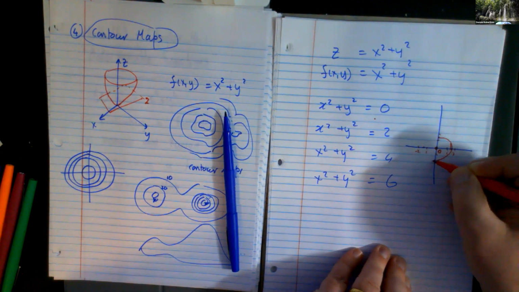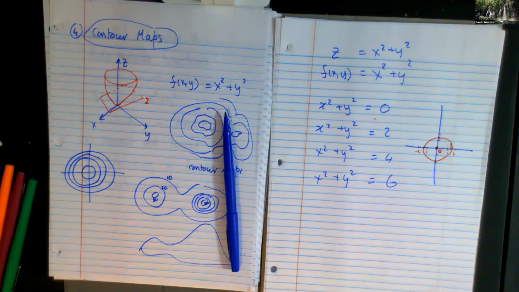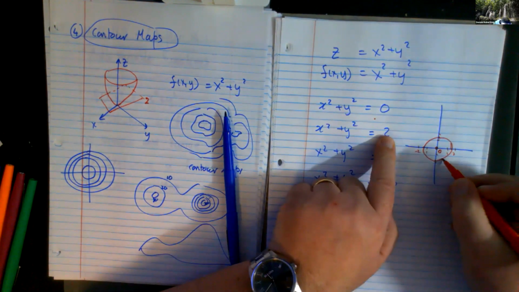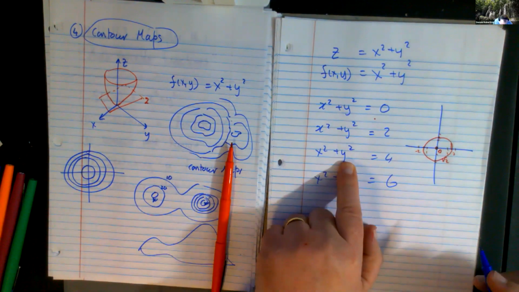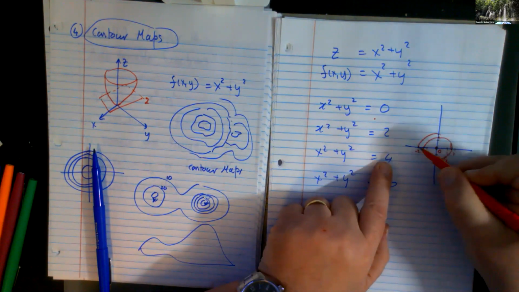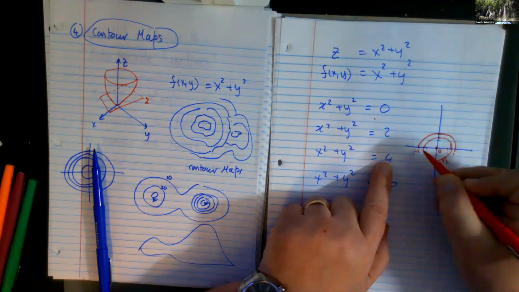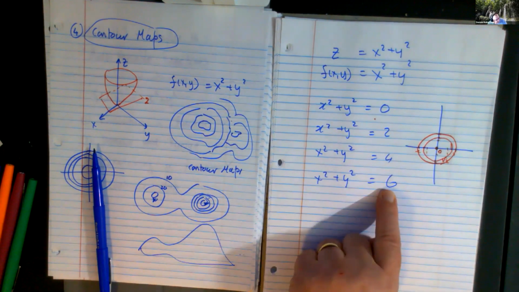Okay, don't laugh if it doesn't look like a circle. Can you pretend it is a circle, right? That would be this one, square root of 2. Now, wouldn't the next one be a circle radius 2? Wouldn't the next one be a circle radius square root of 6?